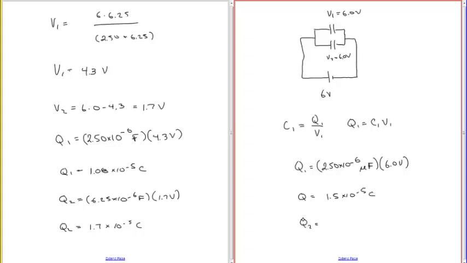And likewise, Q2 has the same relationship between voltage, capacitance, and charge. So V1 is equal to V2. The capacitance changes to 6.25 times 10 to the minus 6. And I shouldn't have a micro in there. I should just have farads. Sorry about that. Farads times 6 volts.